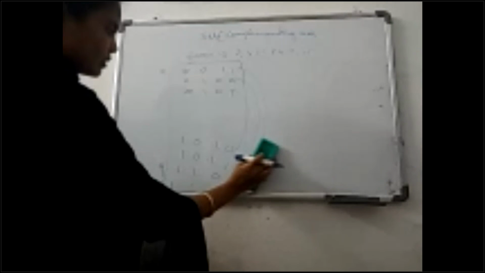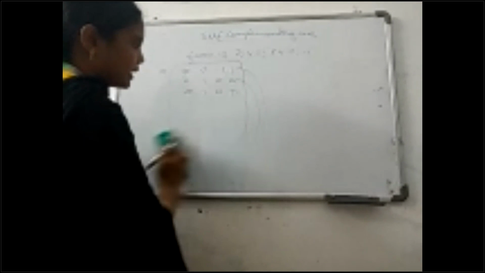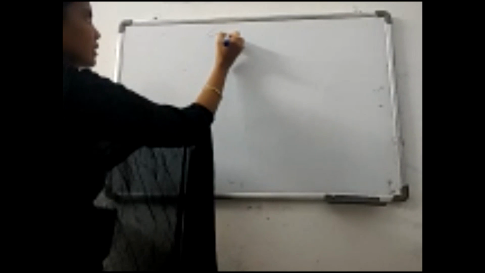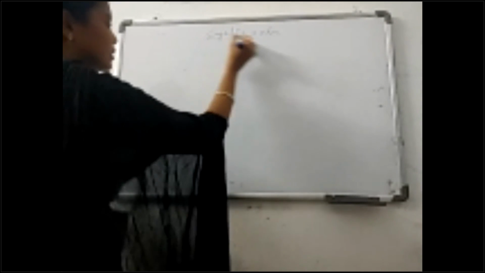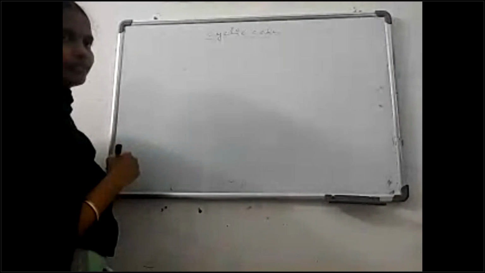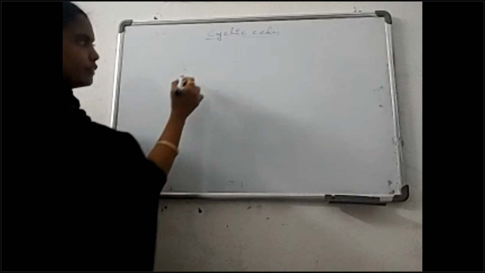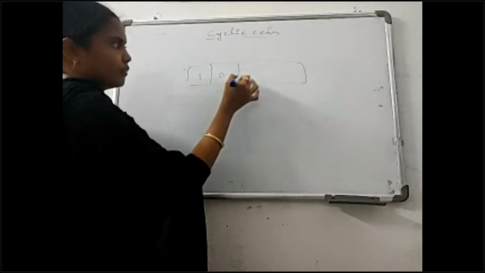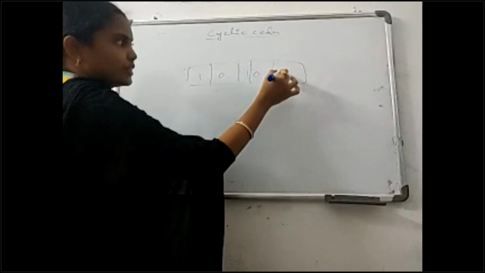Now cyclic codes. Cyclic codes are linear codes that have the property that they can be circularly shifted, left or right. For example, take some bits 1 0 1 0 1 0.